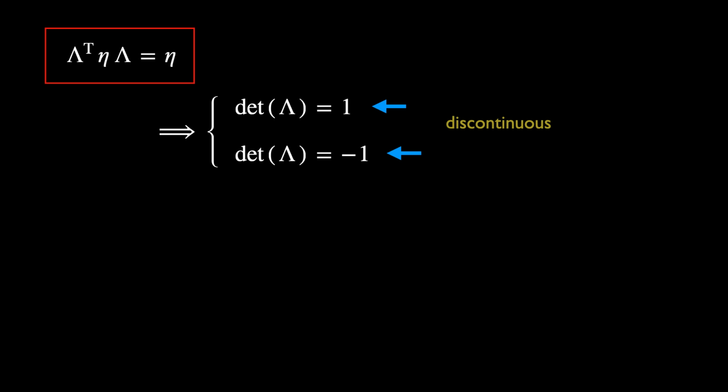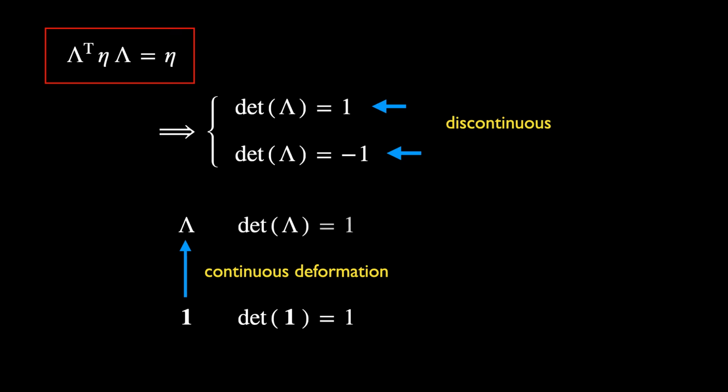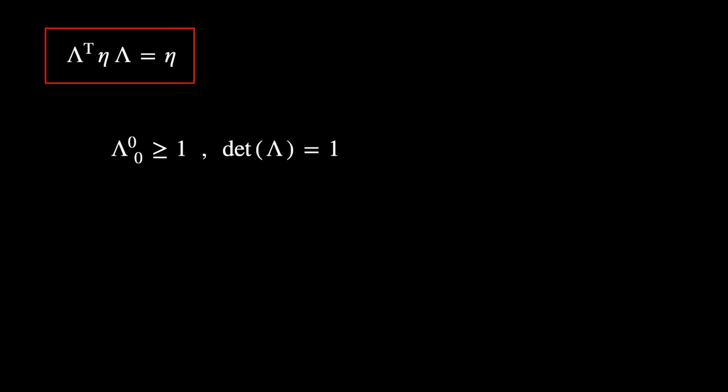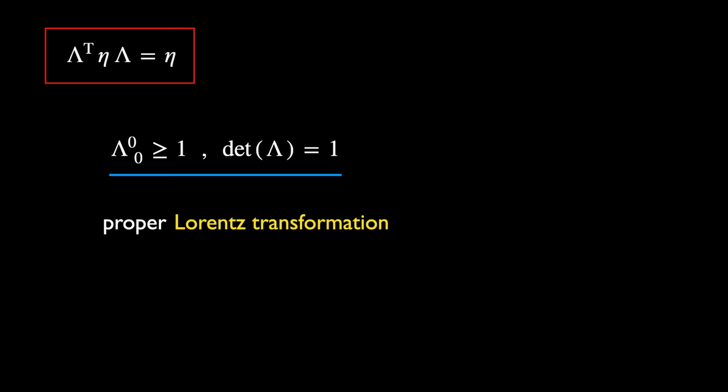These two possibilities are discontinuous. And since the proper Lorentz transformations are those that are connected to the identity by the continuous variation of their parameters, they must share the same determinant as the identity matrix. As the determinant is a continuous function of the parameters of the matrix, the function in this case is just a constant. These are the two features of a proper Lorentz transformation, and they are both preserved by composition.